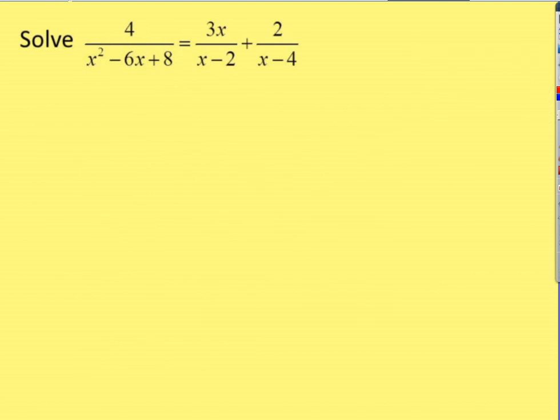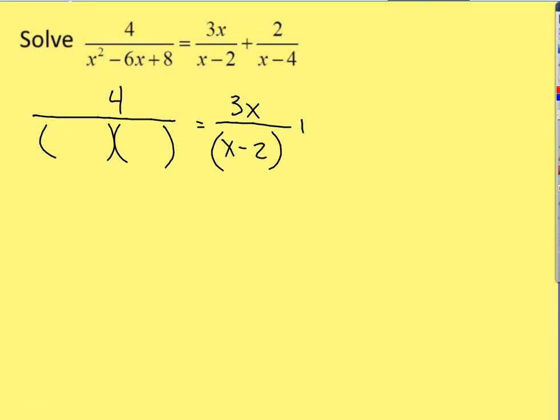So for this example, before we can find our least common denominator, we do need to factor on the left side of the equal sign to figure out what the common denominators are. So we have x squared minus 6x plus 8.